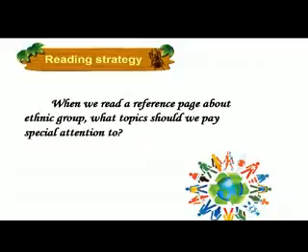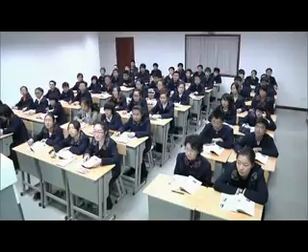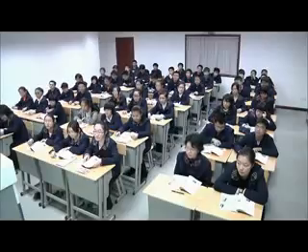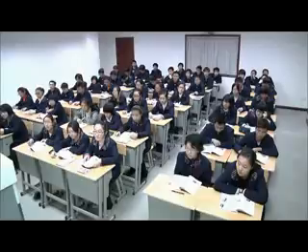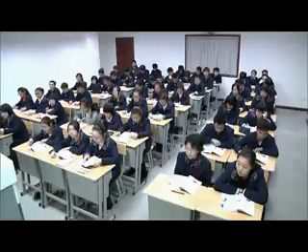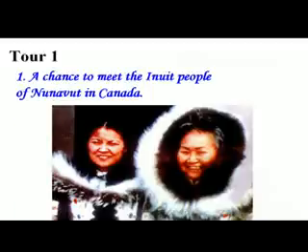When we read a reference page about an ethnic group, what topics should we pay special attention to? Okay, we can take the first tool, for example. Please look at these sentences. First one: a chance to meet the Inuit people of Nunavut in Canada.